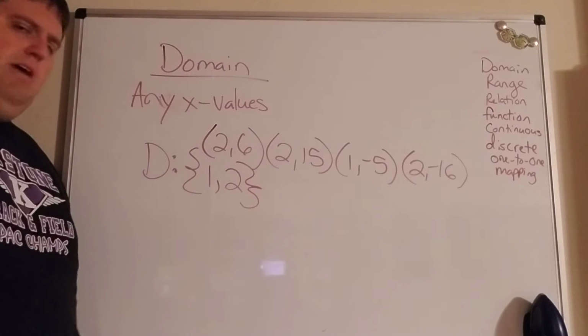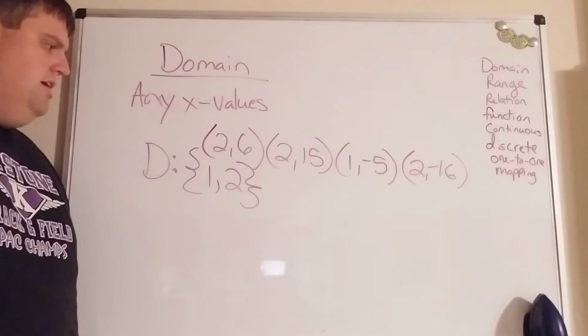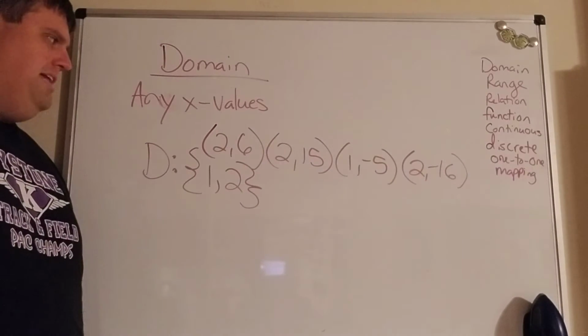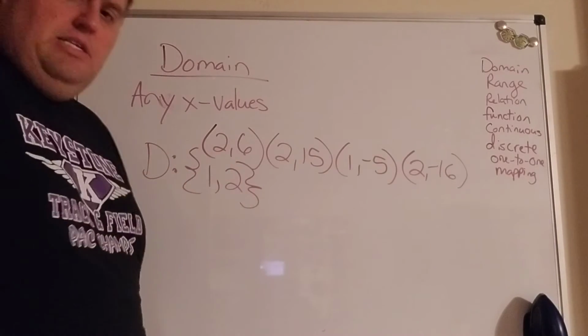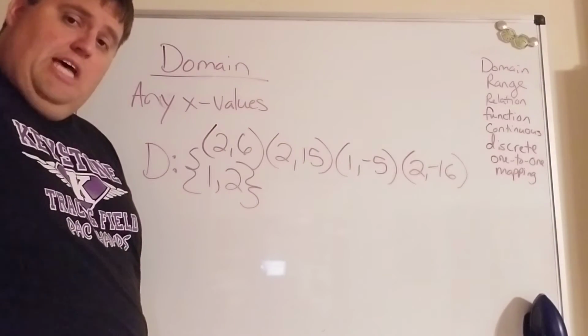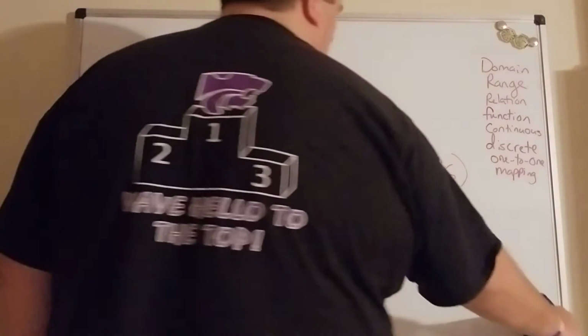All right, we don't have to write 2 three times because it's just any possible x values. So 2 is a possible x value. I have that covered. 1 is a possible x value. Those are the only x values that we have in this set. So that would be our domain, 1 and 2.